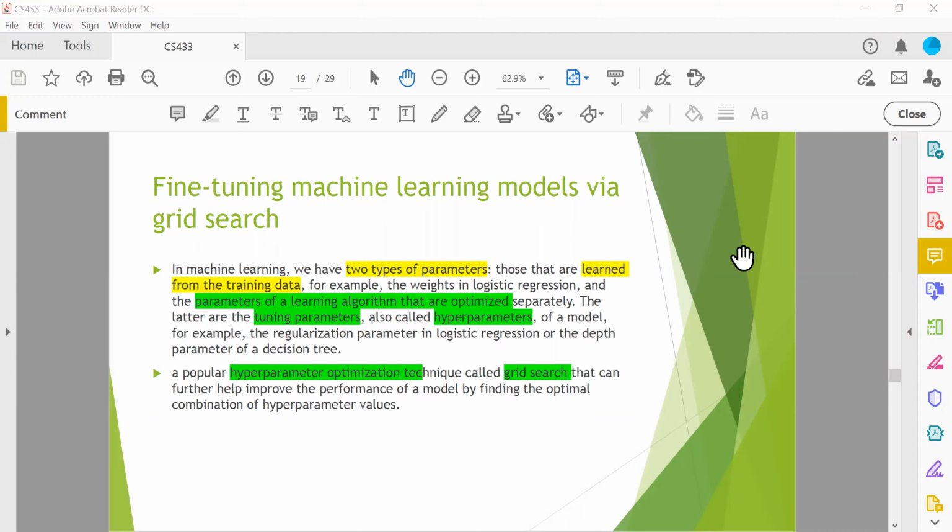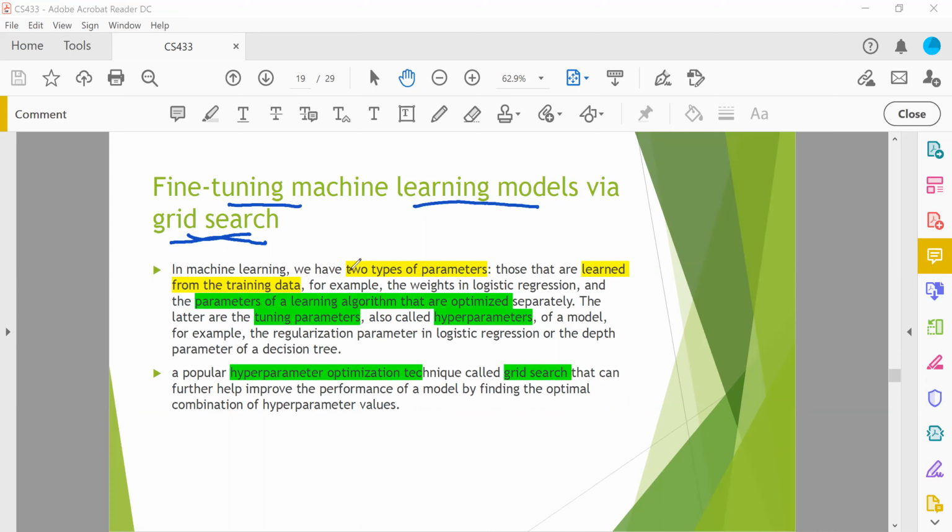Another approach in sklearn is called grid search, so we don't need to do it one by one ourselves. Grid search provides a combined approach to help us fine tune our model.